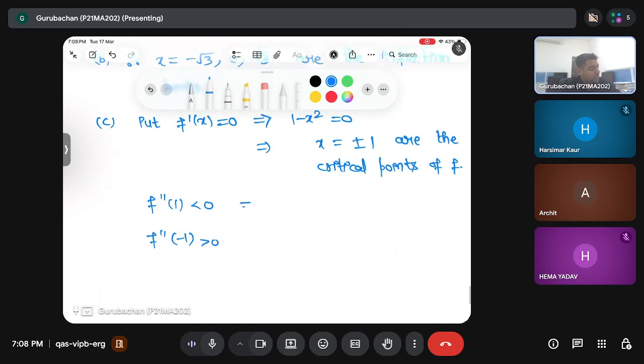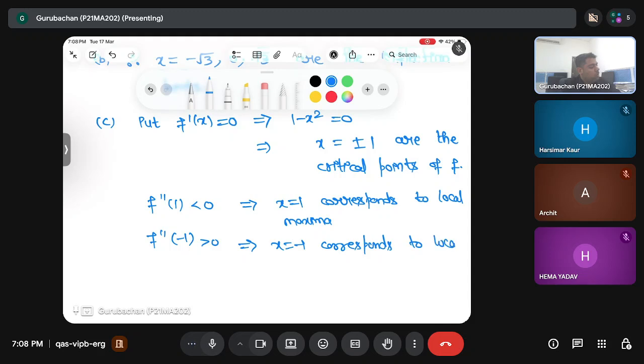So this implies that x equal to 1 corresponds to local maxima, and x equal to minus 1 corresponds to local minima. By which result am I guaranteeing this? Second derivative test for local extrema.